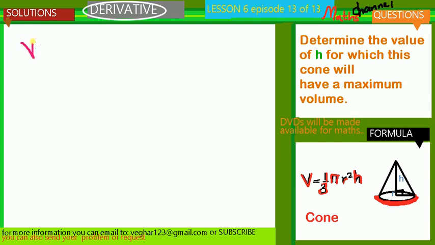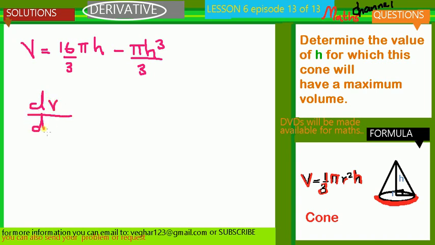So I have an equation like this. So we'll say dV over dh.